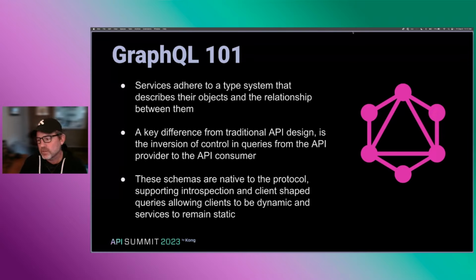However, in my opinion, the key difference from traditional API design is how we invert control between clients and servers in the GraphQL model. Clients can shape the queries dynamically, while the data providers in the backend can stay relatively static. What I mean is, clients can request only the data they want and are sent back only the specific bits they need.